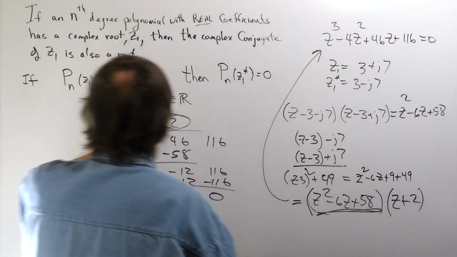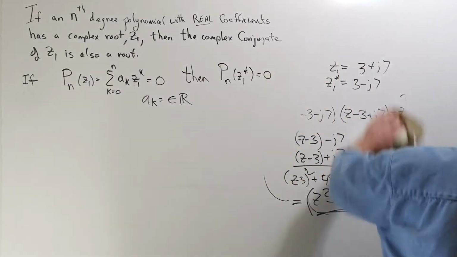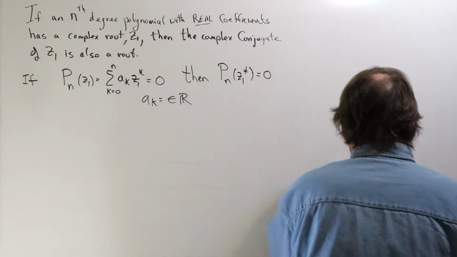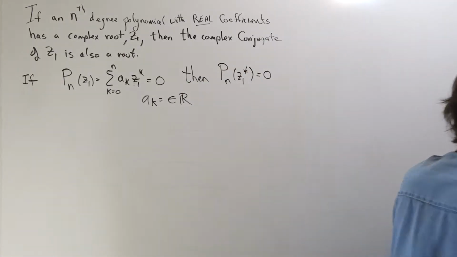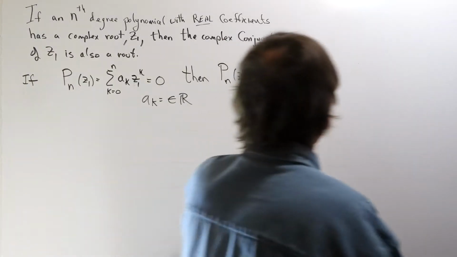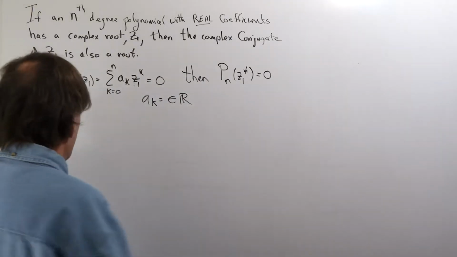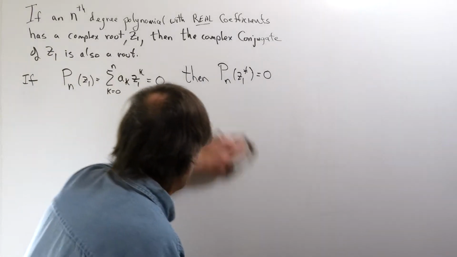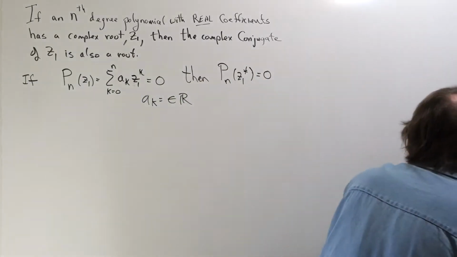So now to prove this theorem, we'll first establish a few basics in complex numbers, and then the proof will go rather quickly. It's really going to be a very short proof once we establish a few identities in the complex numbers.